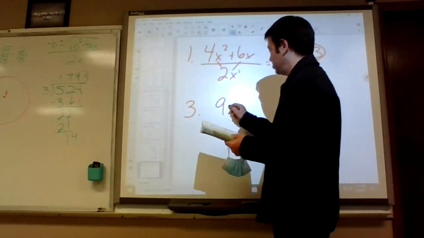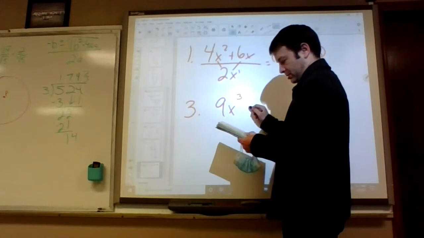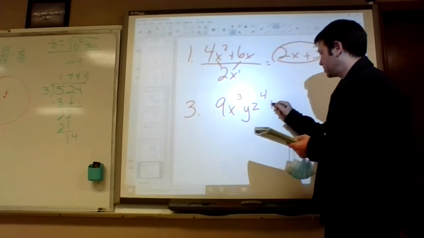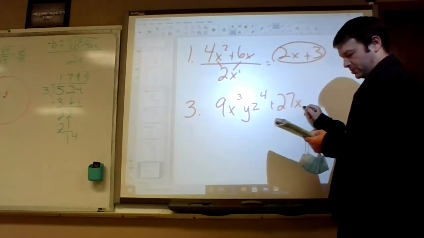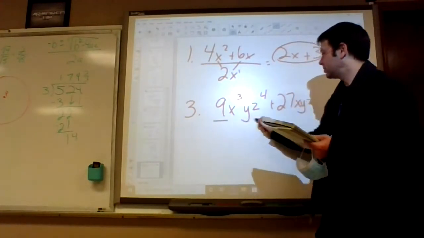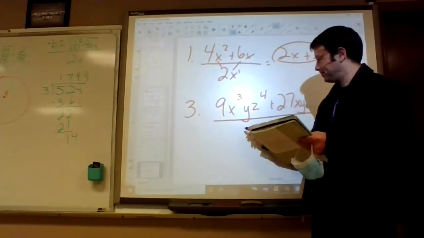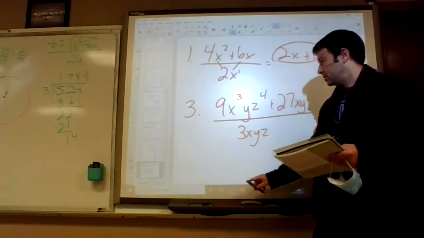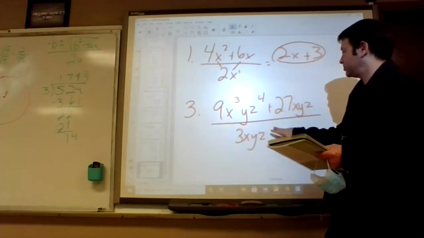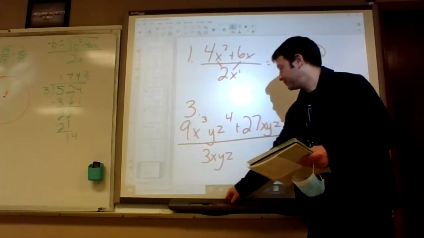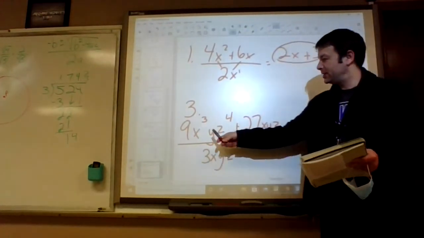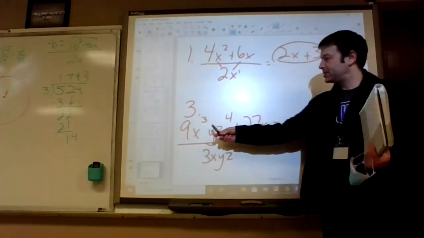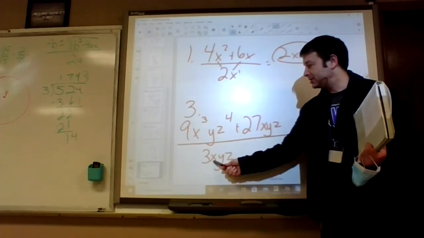9x cubed y z to the 4 plus 27 x y z, all divided by 3x y z. I wrote that too big. What is 9 divided by 3? 3. What's x cubed divided by x?